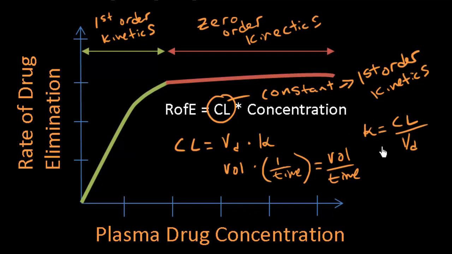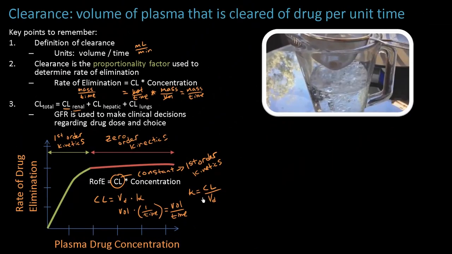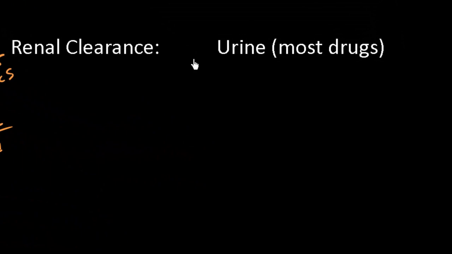So this is not something we really calculate using this equation, but it gives us a sense of the first order elimination rate constant. Now let's move on to our third point, that the total clearance is the sum of clearance at each organ. And I mentioned to you that really organs that have access to the outside world are organs in which clearance occurs. So in terms of the kidney, the renal clearance, this is excreting drugs into the urine. This is occurring for most drugs.